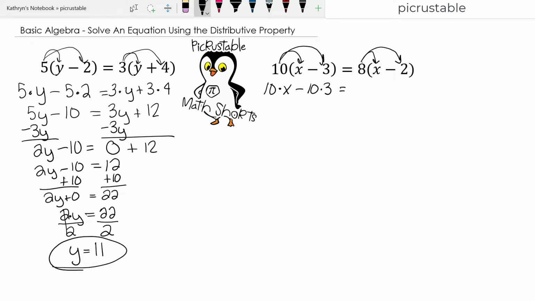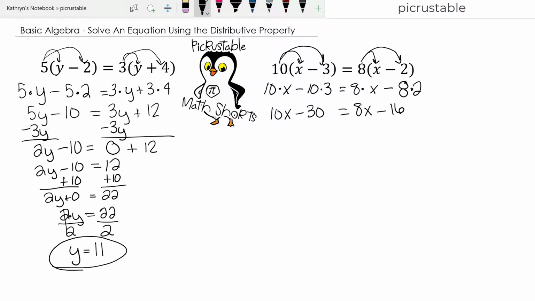But I have a bunch of stuff in the parentheses, so I have to take 8 times everything in the parentheses. So I'm going to have 8 times x minus 8 times 2. All right, now we need to simplify. Well, 10 times x is 10x, minus 10 times 3 is 30. 8 times x is 8x, and then 8 times 2 is 16.